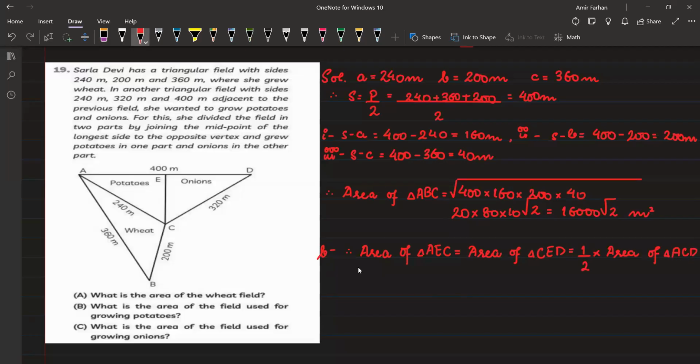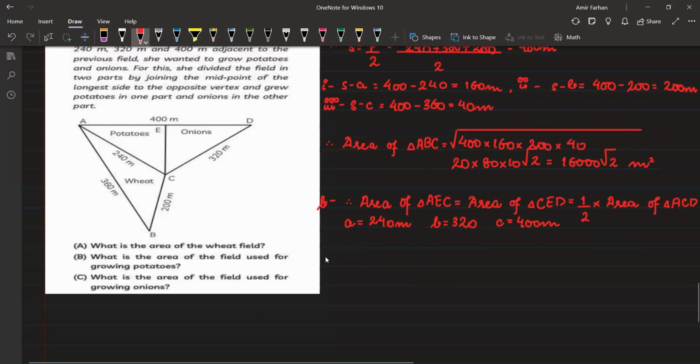So how to calculate the area of triangle ACD? Just value would be A is coming out to be 240, B is coming out to be 320, and C is coming out to be 400, ठीक है। So semi perimeter S would be equal to P by 2, that is 240 plus 320 plus 400 divided by 2.